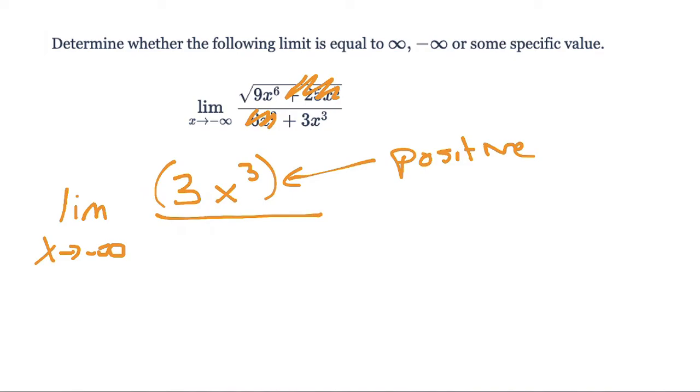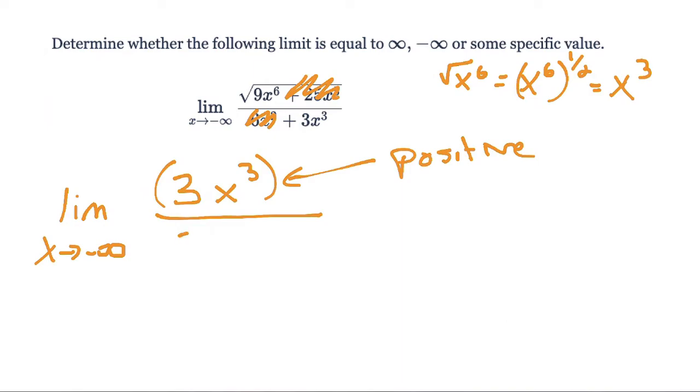So think about the properties of exponents that we did before. This is the same thing as x to the 6th raised to the 1/2, which is the same thing as x to the third. But remember that everything in there is going to be positive.